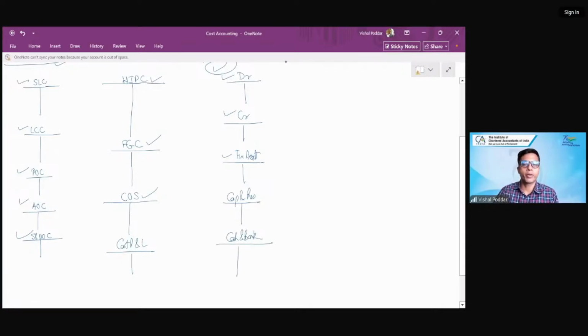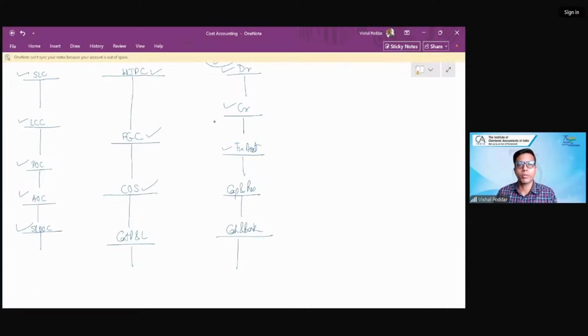Now, this set of accounts will be prepared if the method is integrated, that is where separate financial books are not prepared. You have only one set of books for both types of records, cost records also and financial records also.